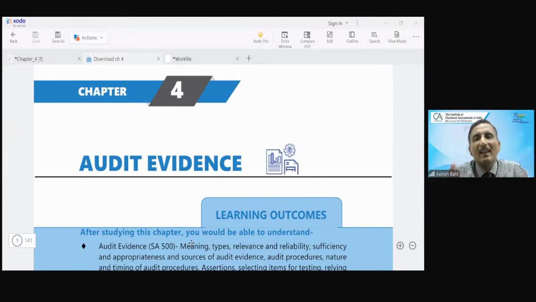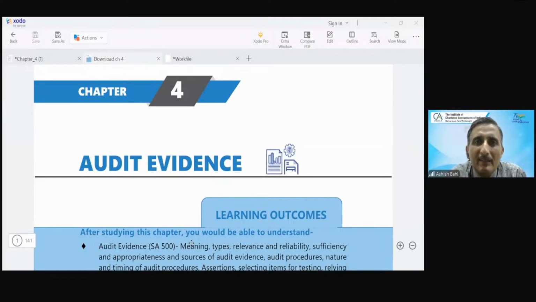Try to understand this basic sequence of events. What the auditor does during the course of audit, the method he employs, these are known as audit procedures. By performing audit procedures, he gets audit evidence. On the basis of audit evidence, he draws conclusions, like whether there is misstatement or not, whether there is some error or not, whether there is some fraud or not.